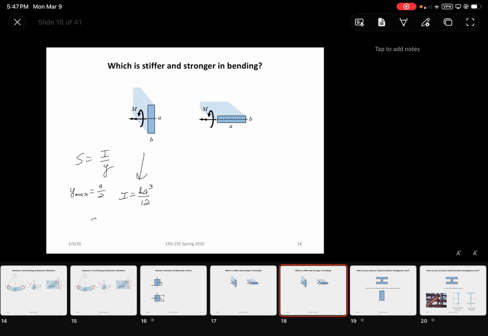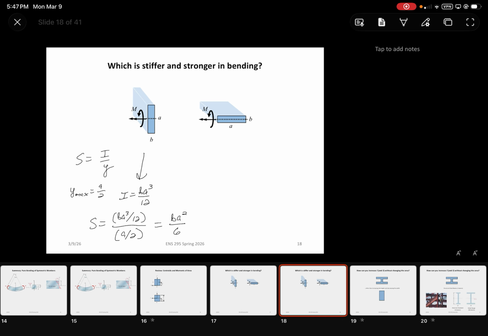So we can calculate what the section modulus of this would be by just plugging in BA cubed over 12 divided by A over 2. And what we are left with is BA squared over 6.